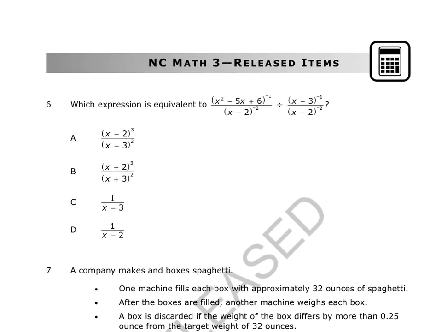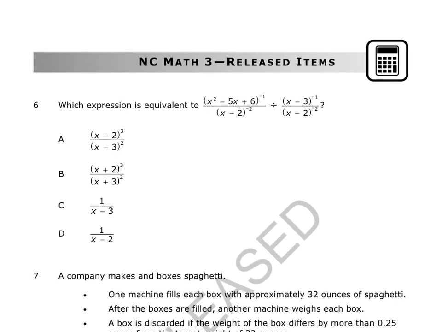Okay, this one, let's talk about by hand. So the first thing I'm going to do, whenever you have negative exponents, just a reminder, basic rules say that if I have x to the negative 1, that's 1 over x to the 1. Or if I had like x to the negative 3 over y to the negative 2, I would rewrite that as y to the 2 over x to the 3. So whenever I have negative exponents, I want to bring them to the top or the bottom, based on where they are, and make their exponents positive.